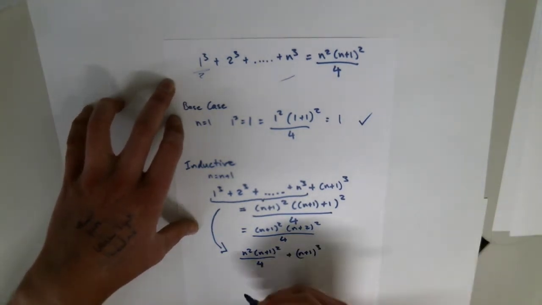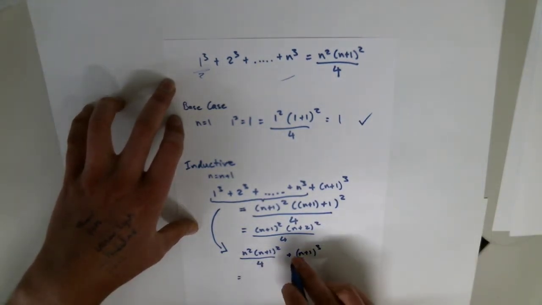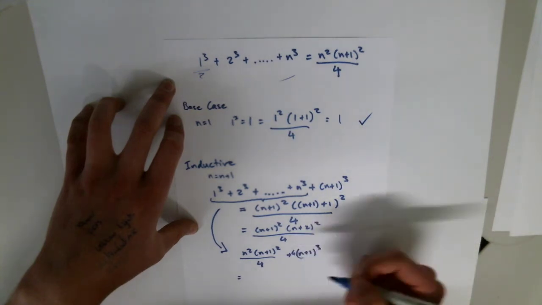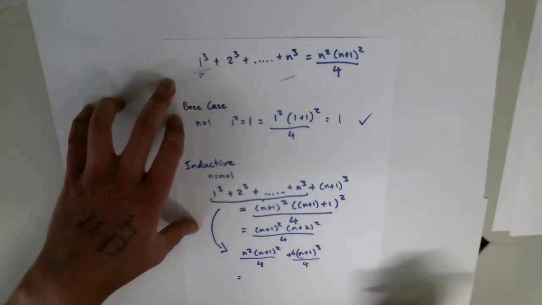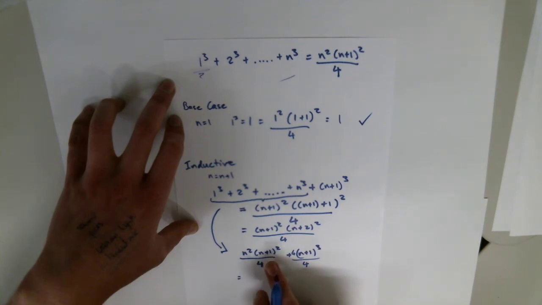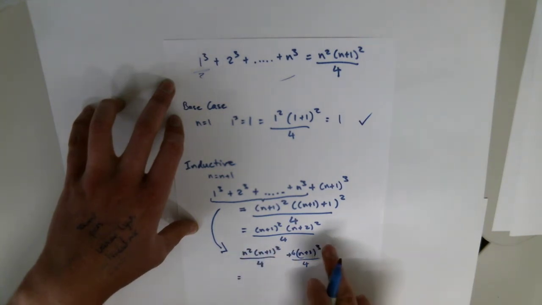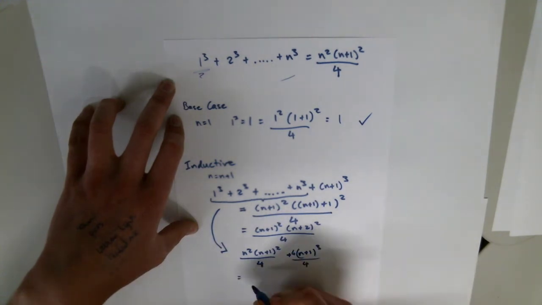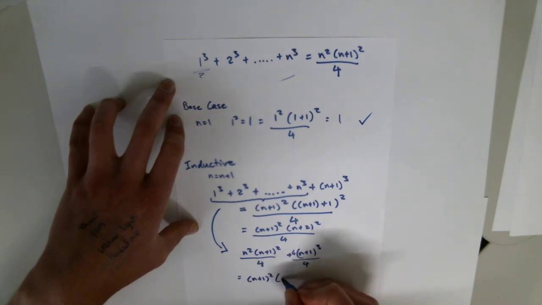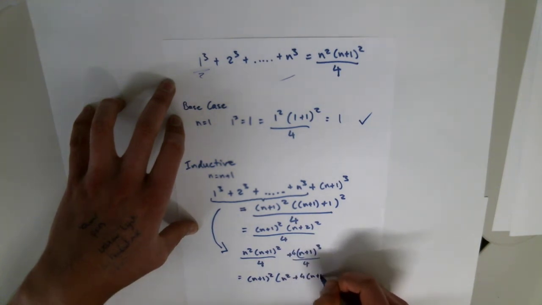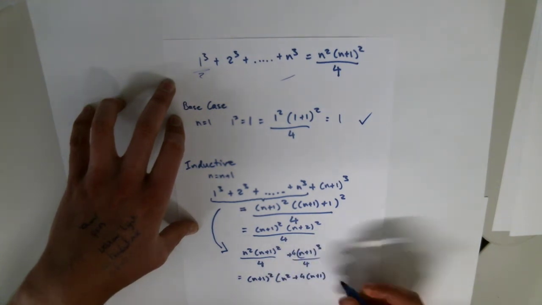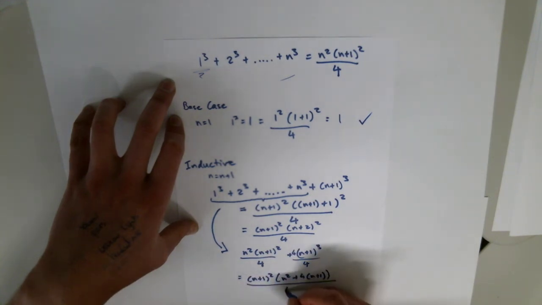Doing that is actually pretty trivial, because all we need to do is re-express this with a common denominator, so 4 over 4. In here, we've got an (n plus 1) squared term, which is common to both this term and this term. So we can factorize, pull it out the front, and we get (n plus 1) squared times (n squared plus 4 times (n plus 1)), the remaining n plus 1 in here, all over 4.